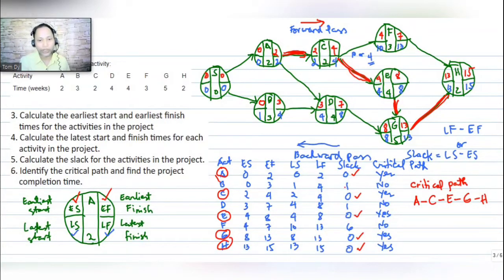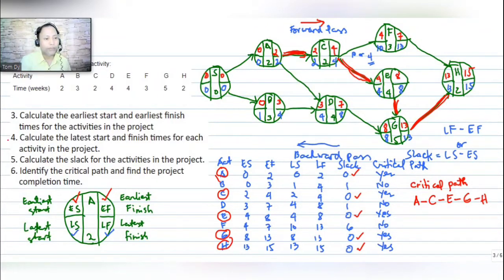Another way, of course, by computation, we have this one. We identify our ES, EF, LS, LF, and then the slack. For a slack value of 0, that will be considered as our activity that is found in our critical path. So all the zeros here, for activities with 0 slacks, that will be considered as our critical path.